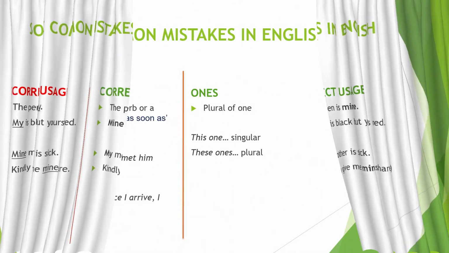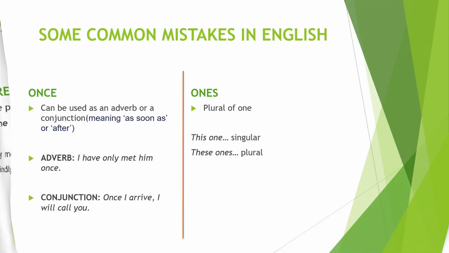We are going to look at once, which can be used as an adverb or a conjunction, meaning as soon as or after. That is when it is used as a conjunction. As an adverb, we have an example: I have only met him once.